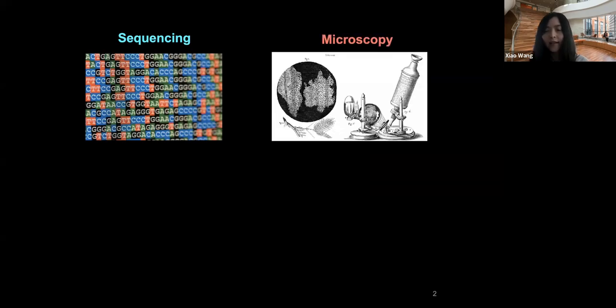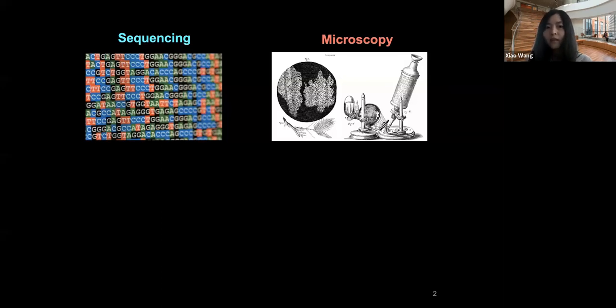From the other side, the microscope is another very important analytical tool that enabled us to first discover the structure of a cell, and it's still the most vital tool to study physical form, and together with fluorescent reporters, we can understand biological contents, including cell morphology and tissue morphology.